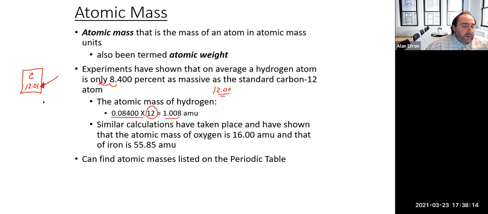The reason is that what we see on the periodic table and what we use as the atomic mass is really an average atomic mass. Even though most people don't call it average, they just call it the atomic mass, but it's really an average atomic mass. And what is it an average atomic mass of? It's an average atomic mass of all the naturally occurring isotopes for that particular element.